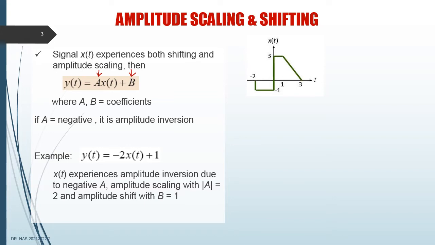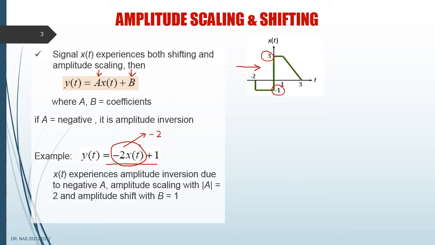So if you have this equation and the original signal as this, what you need to do first is settle the first part. In this case, you know that the amplitude is being scaled by -2. So this is the original amplitude, and all amplitude will be multiplied by -2.